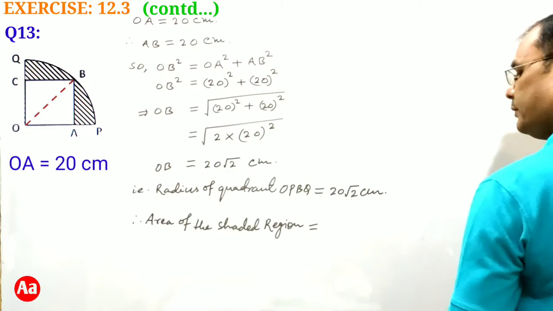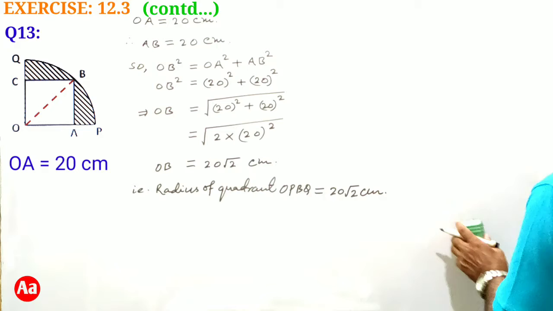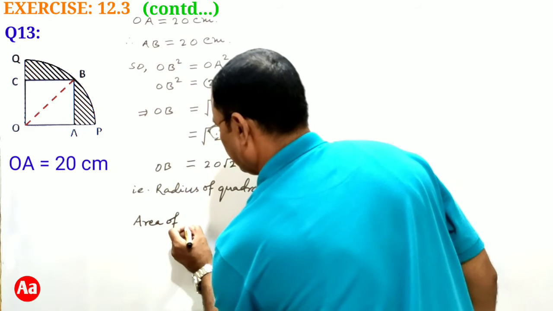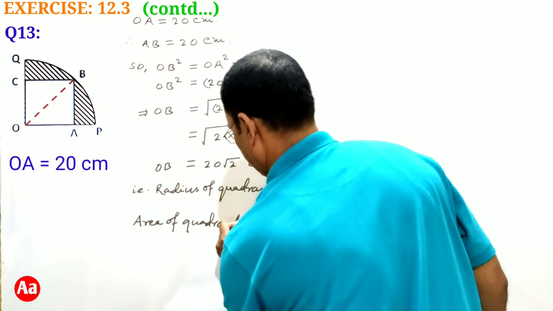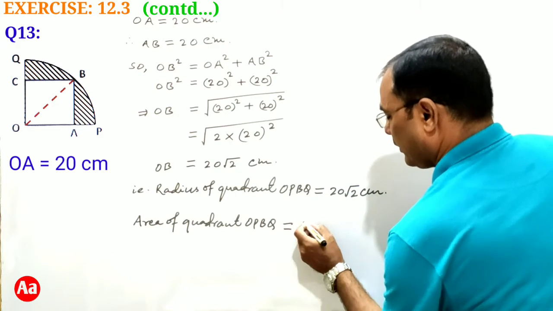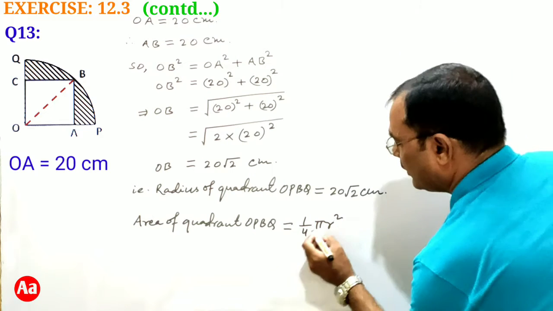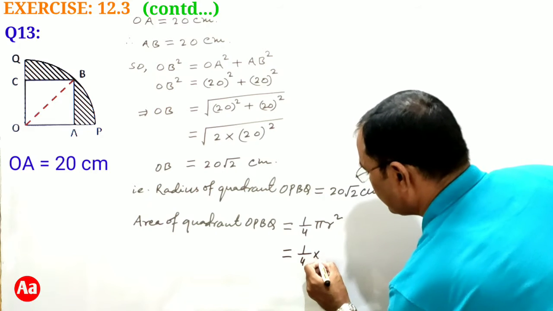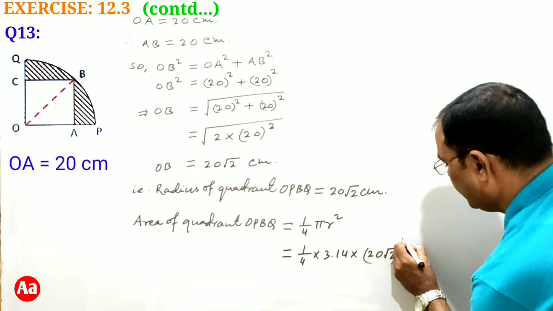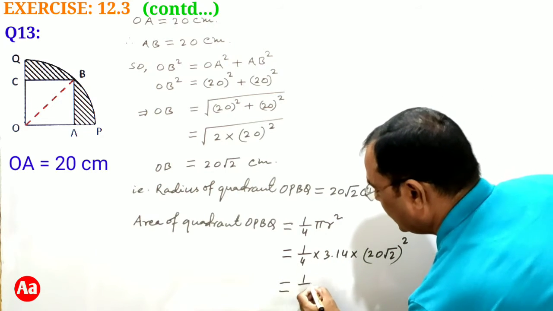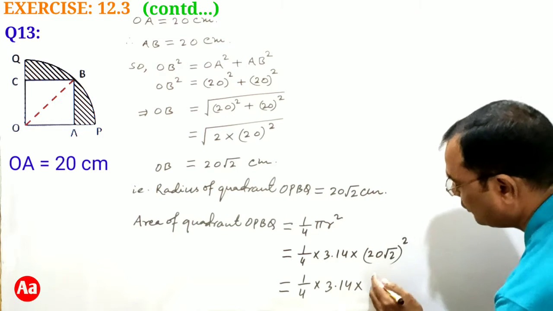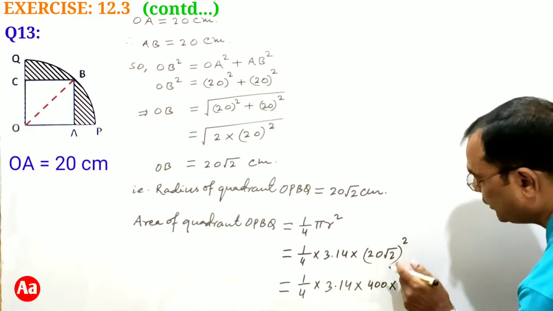Let's calculate area of the quadrant OPBQ equal to 1 by 4 pi r square, equal to 1 by 4 into 3.14 into 20 root 2 whole square. 20 square is 400, into root 2 square which is 2.